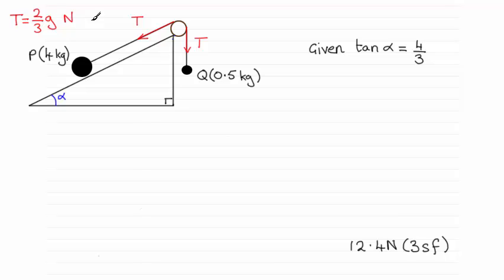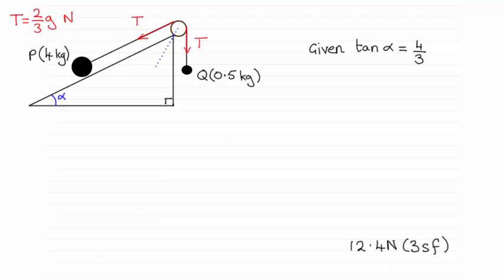Now that resultant force exerted by the string on the pulley acts along the angle bisector of this angle in here. So it's going to act in this direction.